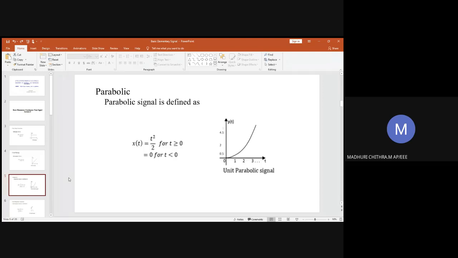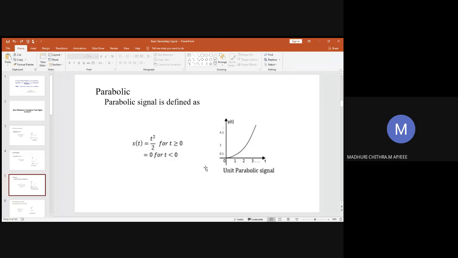Next is the parabolic signal. The parabolic signal is defined as x of t or p of t; we can mention it either way, so don't get confused. p of t equals t square by 2 for t greater than or equal to 0, and equal to 0 for t less than 0.